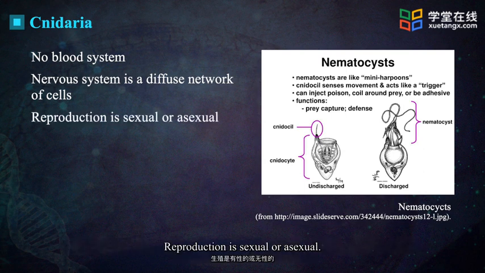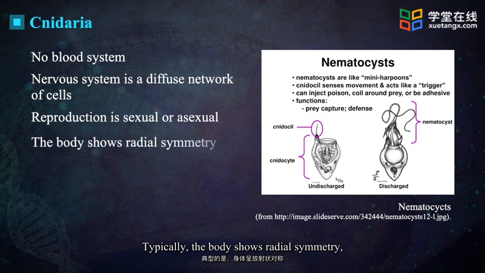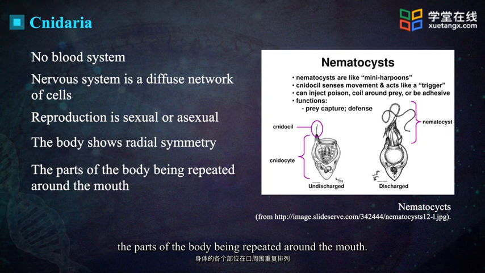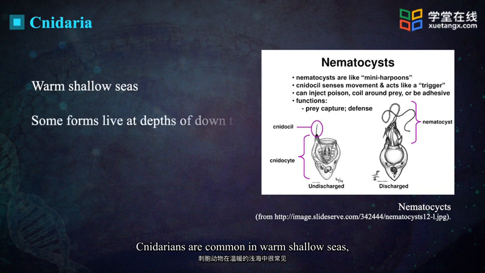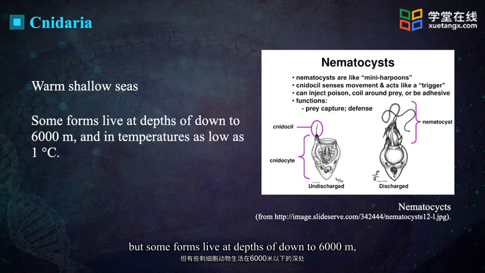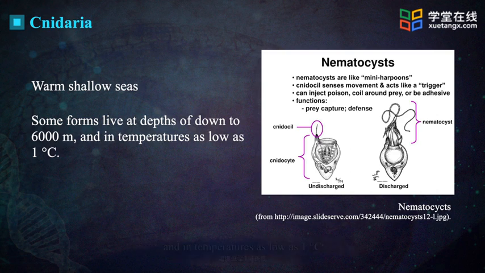Reproduction is sexual or asexual. Typically, the body shows radial symmetry, the parts of the body being repeated around the mouth. Cnidarians are common in warm, shallow seas, but some forms live at depths of down to 6,000 meters, and in temperatures as low as 1 degree.